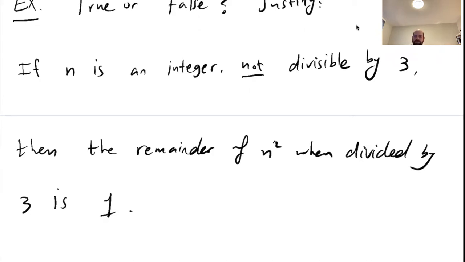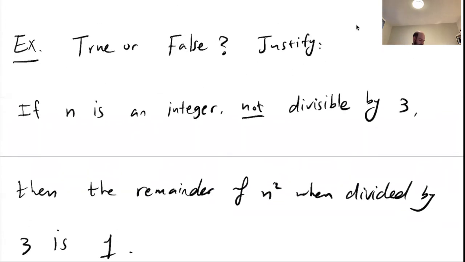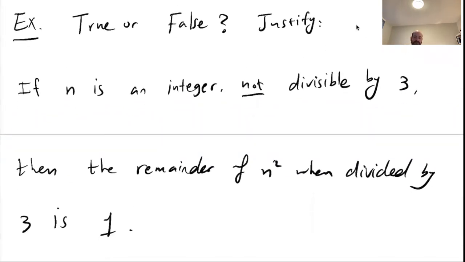Examples are not proof, as we know, but just to get the idea, especially in this case, we don't even know whether it's true or false. To guess at least whether it's true or false, and also to get an idea, maybe we can think about some examples. So what is the assumption? Remember, assumption is the part that comes after the word if. So n is an integer not divisible by 3.